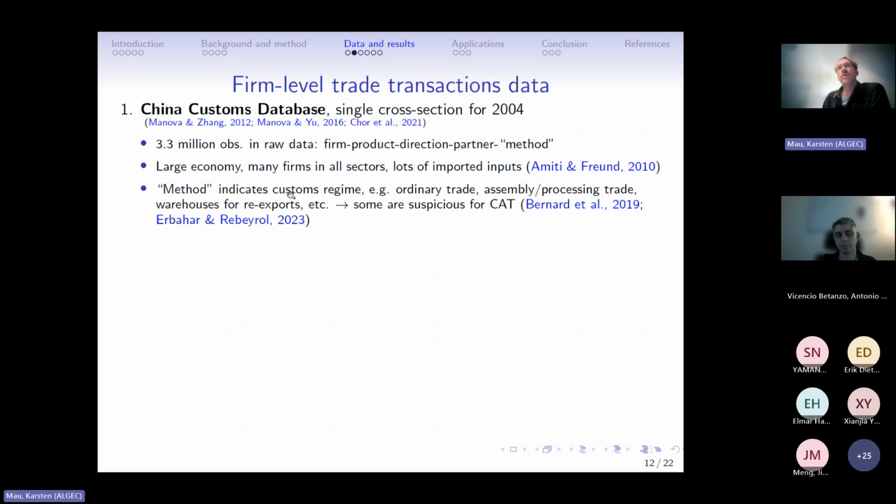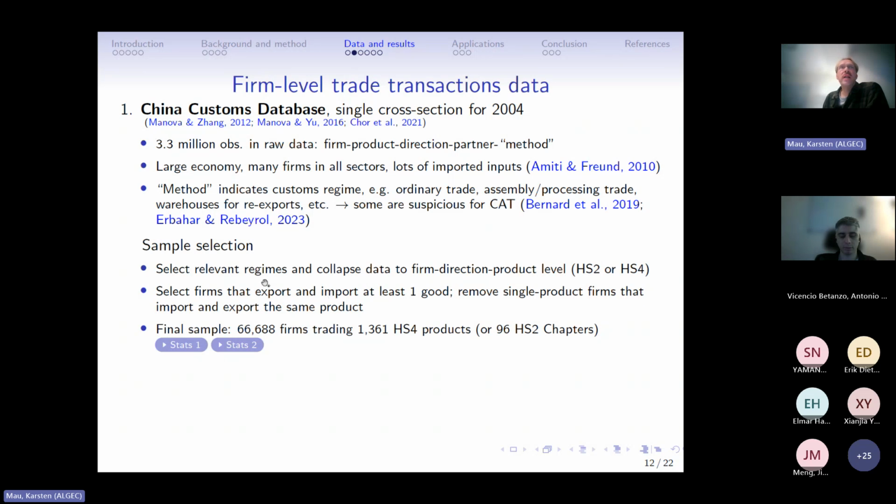And then in order to make sure that we are not just observing warehouse or re-exports or this carry-along trade, we can also look at the customs regime, which is reported in the data set. And in particular, we can explicitly exclude warehouse trade or re-export trade from our samples, so that at least to some extent we can get rid of this carry-along trade or trade intermediaries, which would expose us to the risk of inferring false positives here.